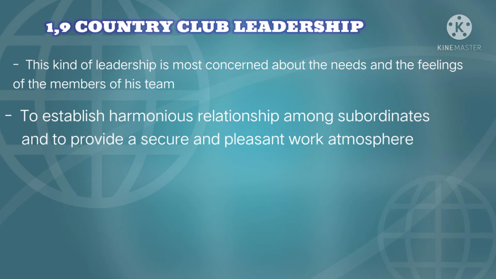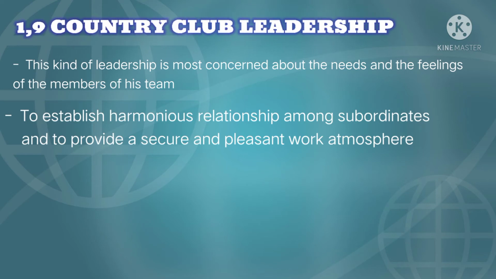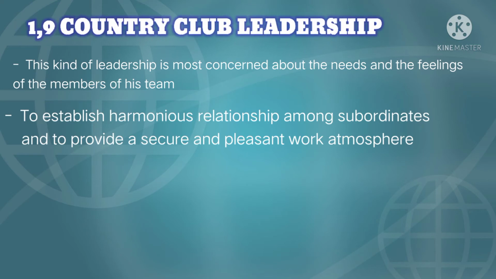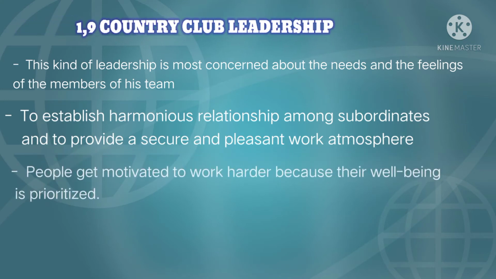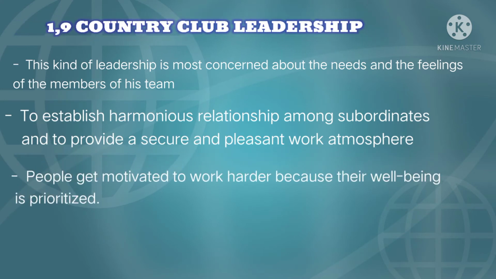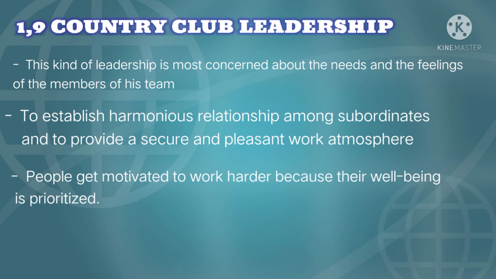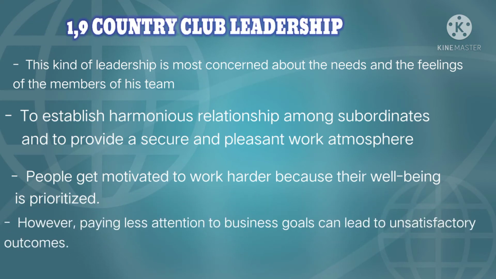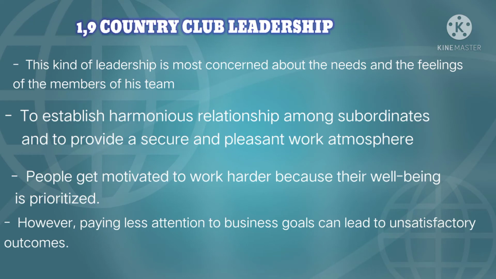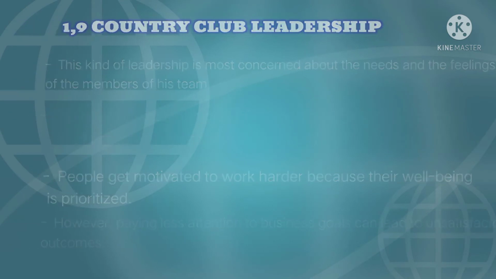Leaders assume that as long as the subordinates are happy and feel good, they will work hard. That's why people in this type of leadership get motivated to work harder, because their well-being is prioritized. However, paying less attention to business goals can lead to unsatisfactory outcomes.